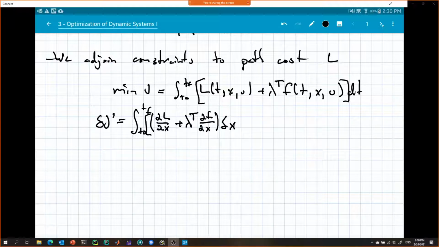So we have the partial of L plus this vector of lambdas and this vector of the constraints.